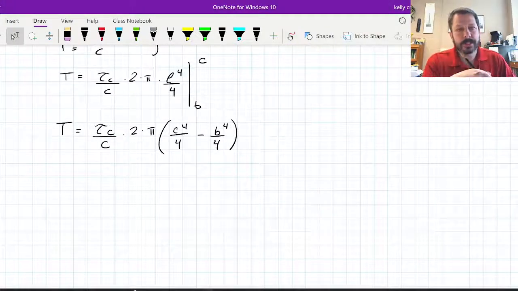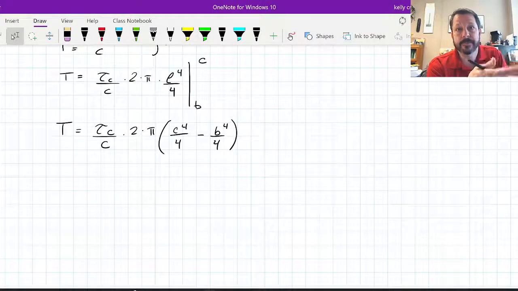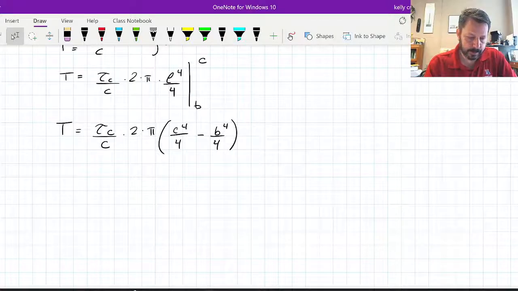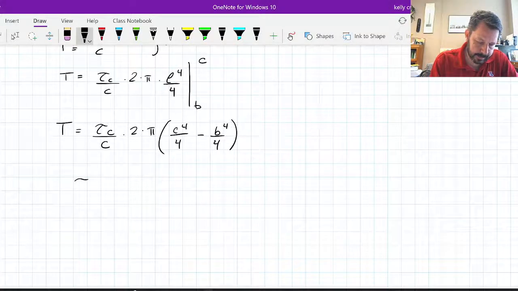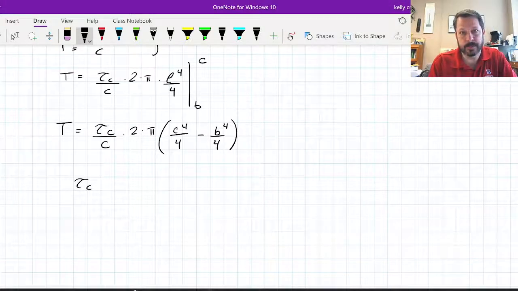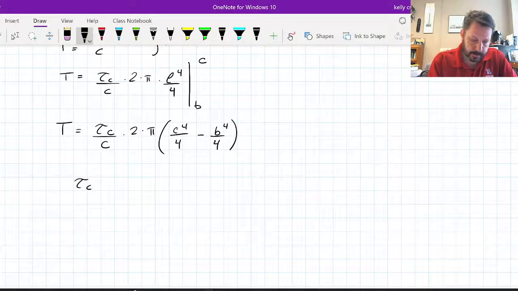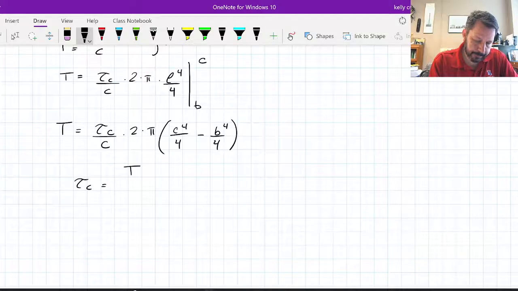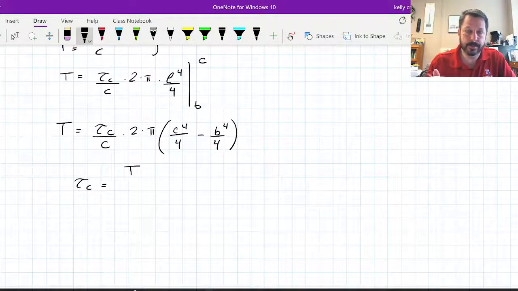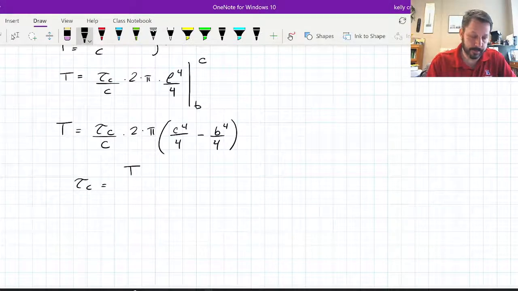Now, normally we're not solving for torque, though. Normally we're solving for shear stress, when we're given a torque, or we know the torque. So we are going to rearrange this to solve for tau sub c, because that's what we normally want to know, the maximum shear stress. So that equals T, the torque applied to the cross section we're talking about, times c, the outer radius.